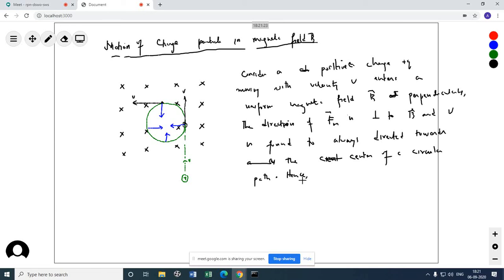Hence, the charged particle, the charge plus q, follows a circular path within the magnetic field.